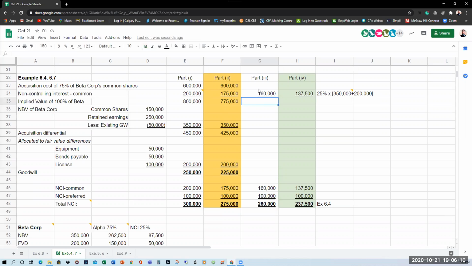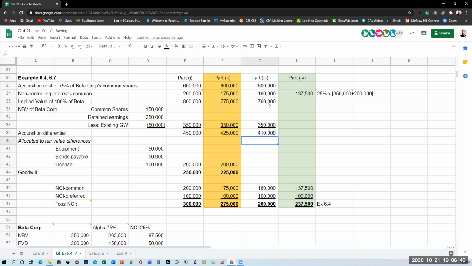So let's check. If you do the long calculation, the parent company paid 600,000, so that doesn't change. Add to that the value allocated to non-controlling interest, and we get a total value of subsidiary Beta of 760,000. Out of that 760,000, 350,000 is for net book value.